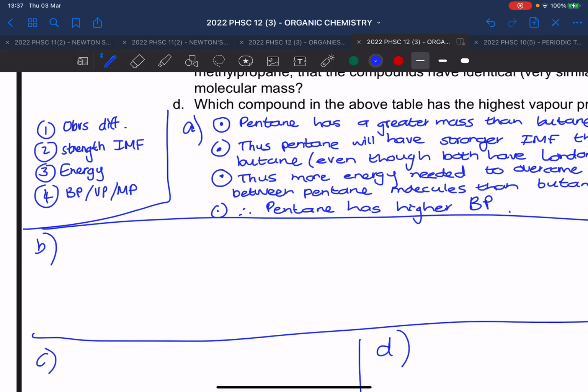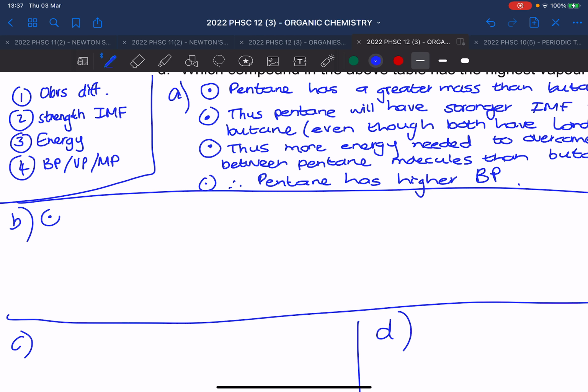Okay, so we always start with the obvious difference. What's the obvious difference between 2-methyl propane and butane? The one is branched and the other one is a straight chain. Okay, right?